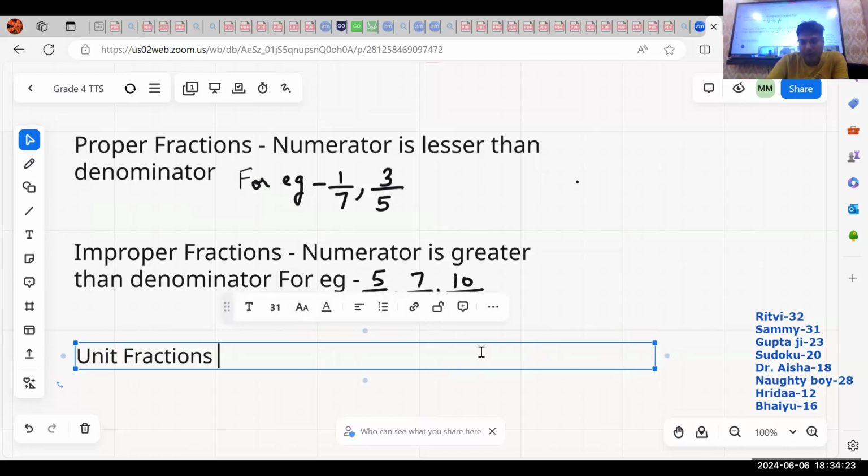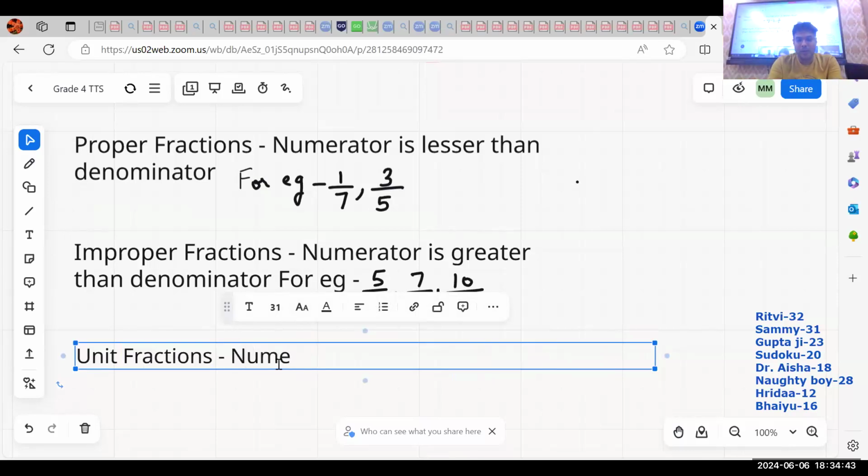So, who wants to give the answer for unit fractions? Sir, please wait. I know the answer. Sir, where the numerator is 1. Very good.